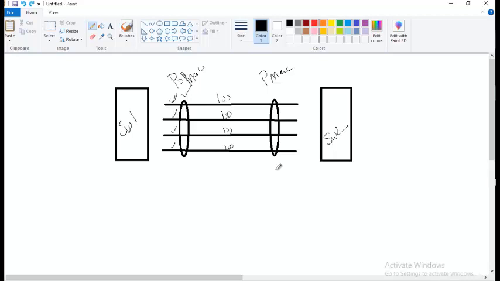LACP checks whether the links on this side are also configured inside the bundle on the other side. It checks first, before bringing the port channel to operational state. It verifies with the other side whether the other end of the same wire is also in the bundle.